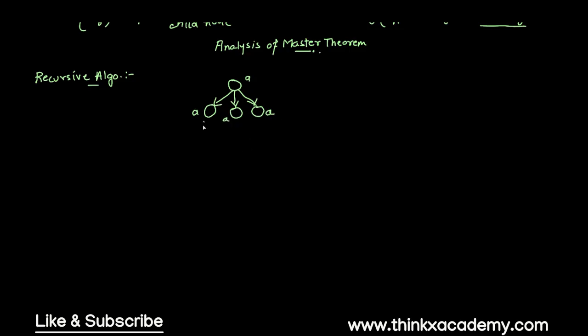So you can see that it will go on dividing this subproblem into three parts, and again it will divide it into three more parts. So any recursive algorithm will keep on dividing the subproblem into a parts, or I should say in three parts.